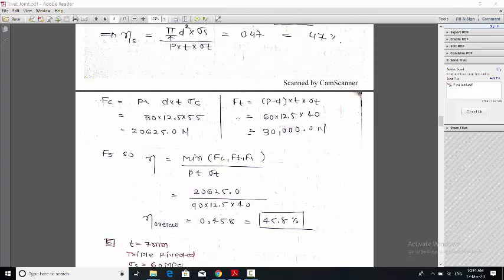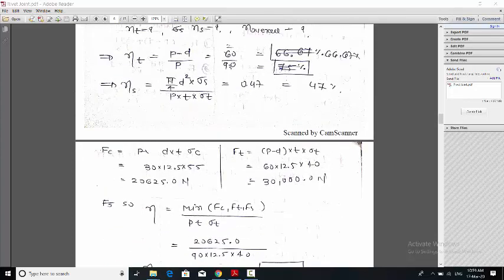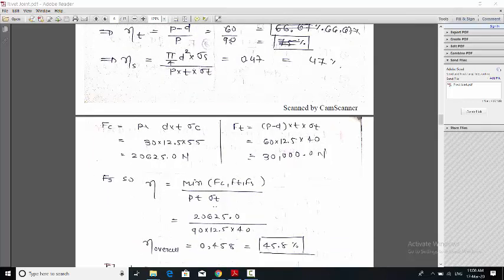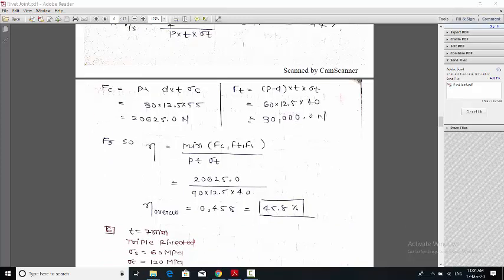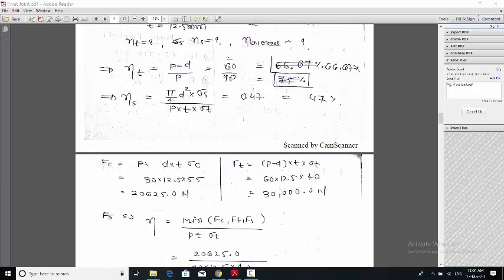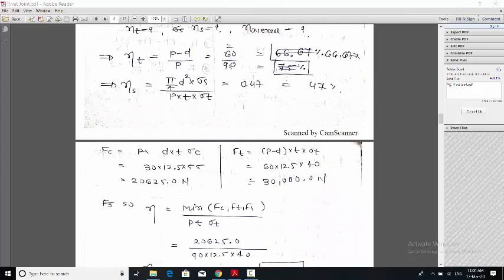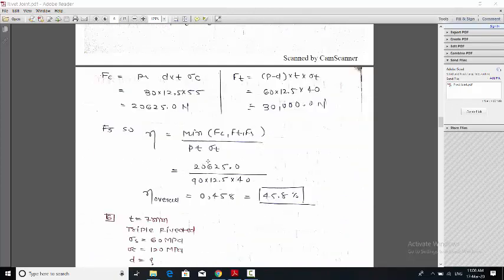You have to find FS again, and for that you have to take a minimum. Your minimum will be 20625 divided by pitch 90, thickness 12.5, and again sigma T is 40, and the overall efficiency is 4500. This is a 5-mark numerical that can be asked in the examination.